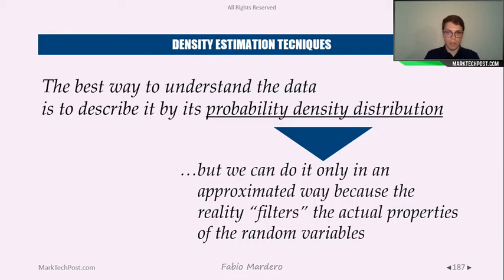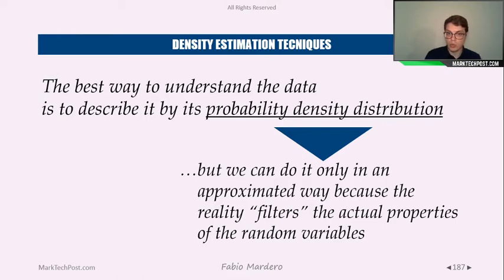Let's see the first technique we can use, and we will start with the univariate analysis. Of course, if we think about a column as a random variable, we will surely want to know its probability density distribution. Here, if not specified, we will always talk about numerical variables.